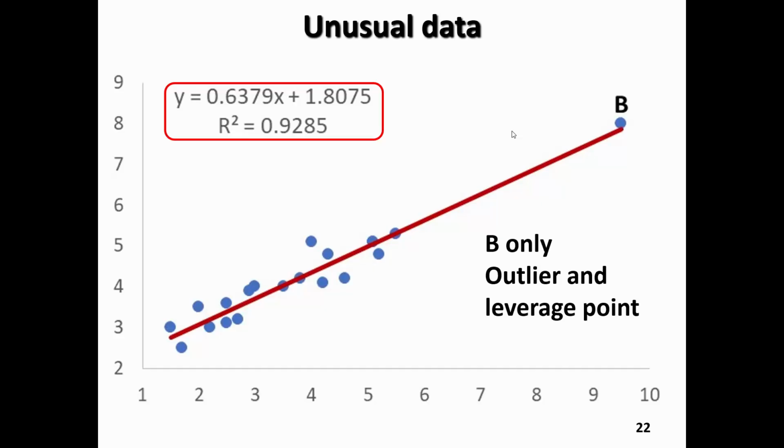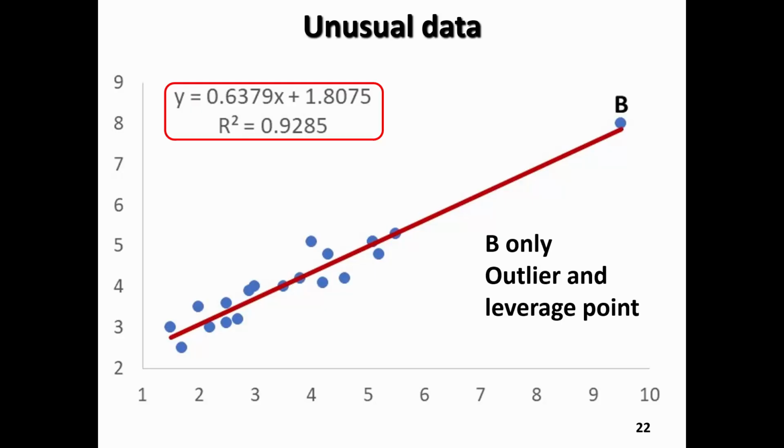Unusual data do not always necessarily reduce the predictability between the two variables in your data set. Here we actually see an improvement in the strength of the prediction up to almost 93%. That's a large improvement from almost 85% when the unusual data were not included.